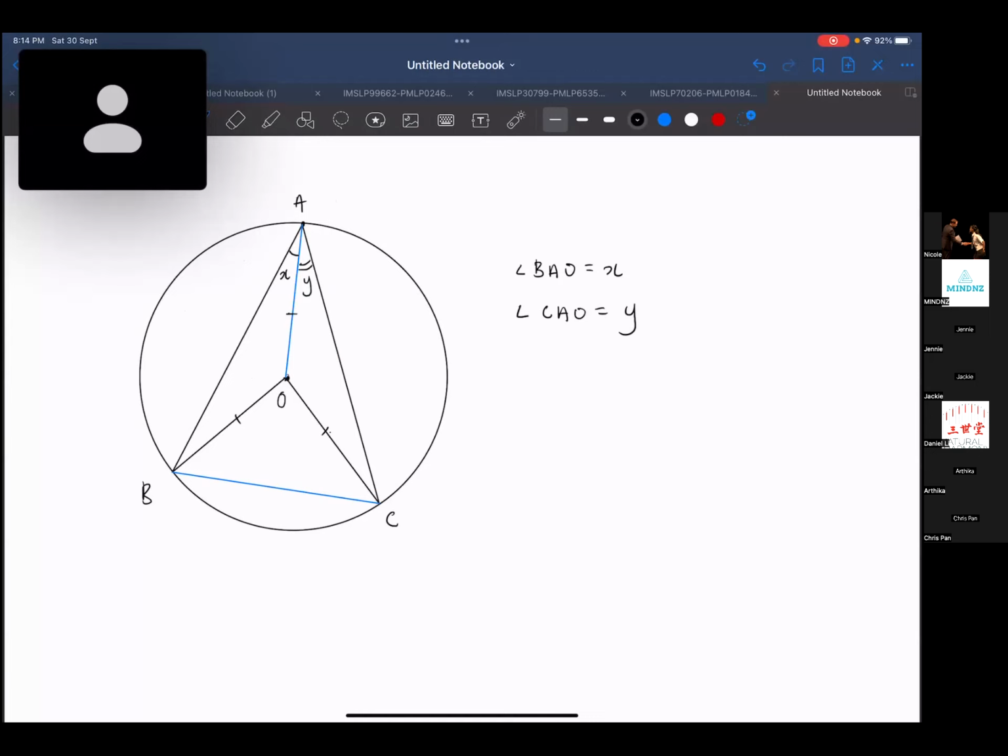Okay, now because triangle AOB and triangle AOC are isosceles, and we all know why they're isosceles, right? Because they're radii. So we have two sides of the same length. And because of that, we also have these angles that are equivalent as well.